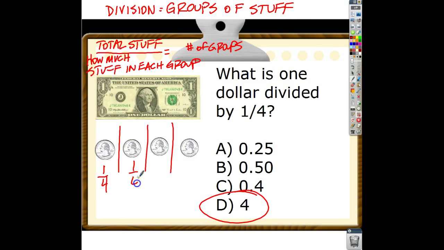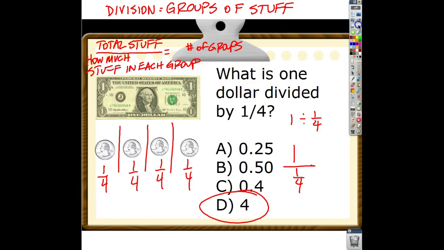Here's a fourth, here's a fourth, here's a fourth, here's a fourth. How many groups did I make? I made 4. So what this would look like is 1 divided by 1/4, or 1 divided by 1/4. Remember, the fraction bar is just another way of saying divide.